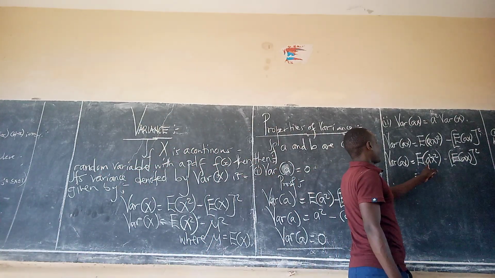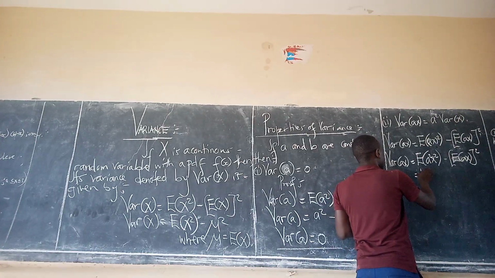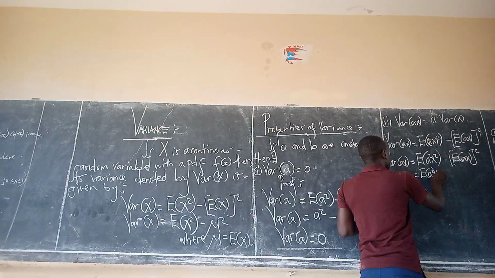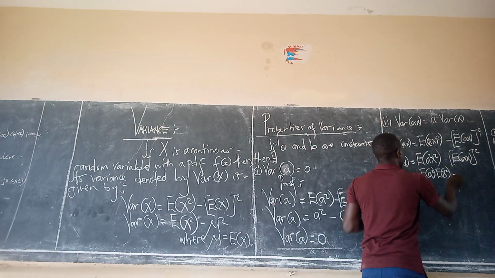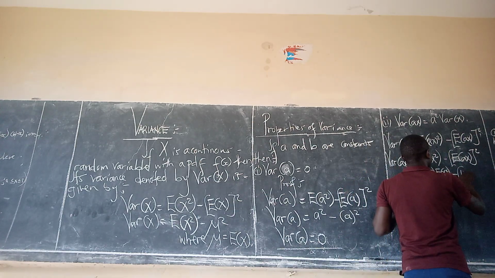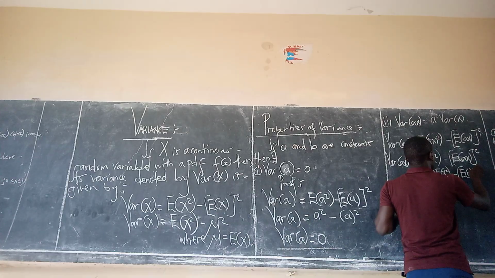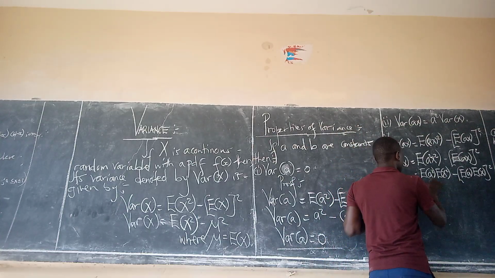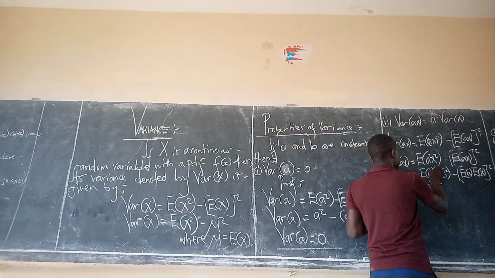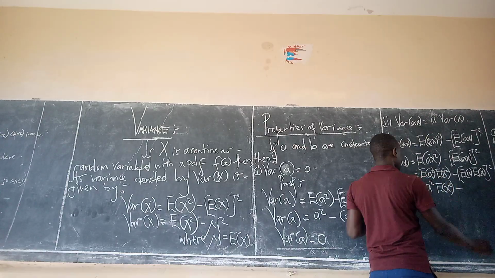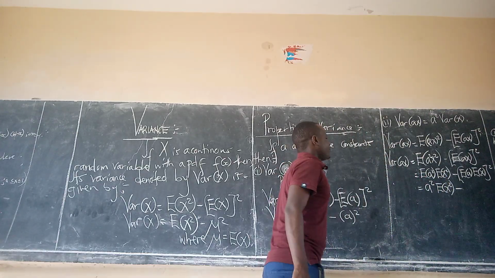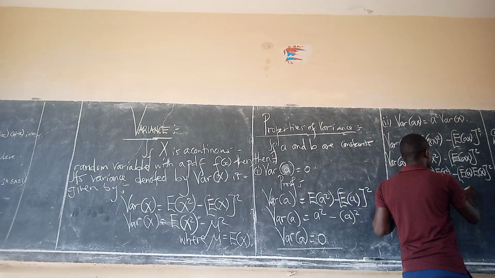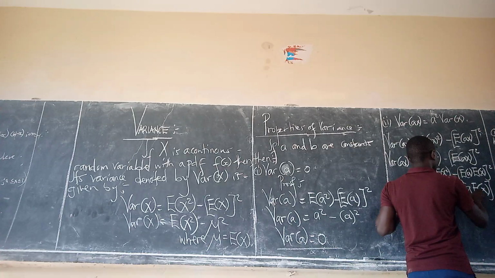The expectation of a squared x squared is a squared times the expectation of x squared, minus the expectation of a times the expectation of x, the whole thing squared. Our expectation of a squared is a squared, because a squared is a constant. So now a squared times the expectation of x squared, minus our expectation of a, which is a, then the expectation of x, but the whole thing squared.